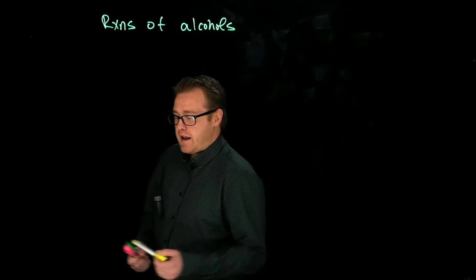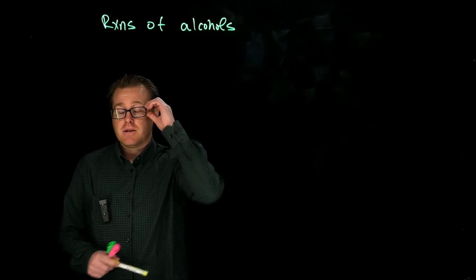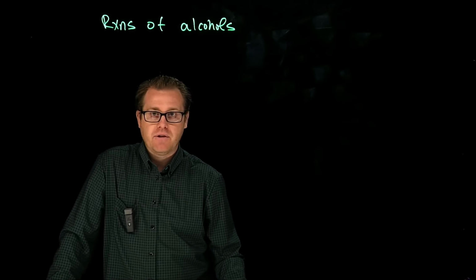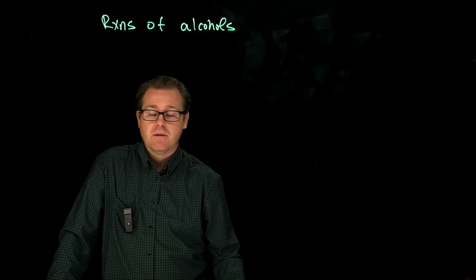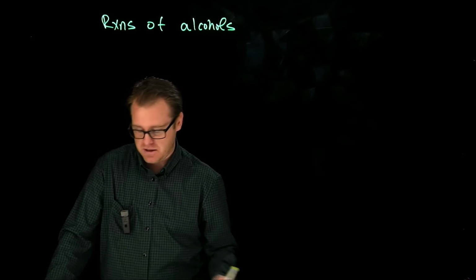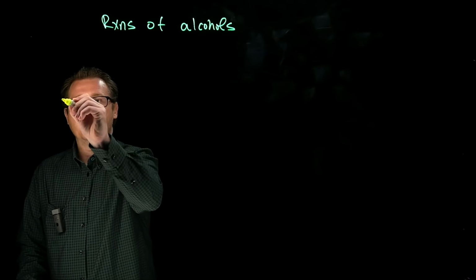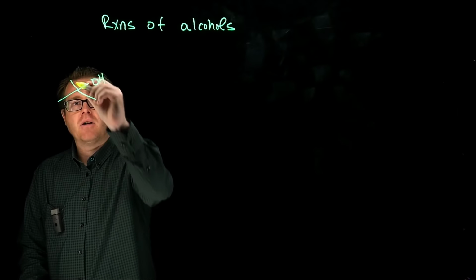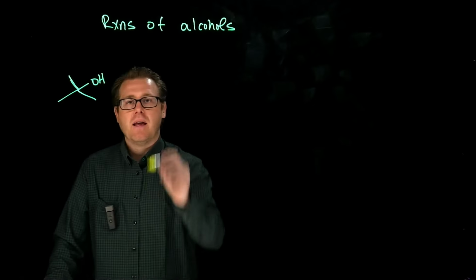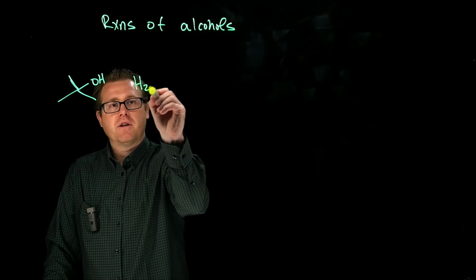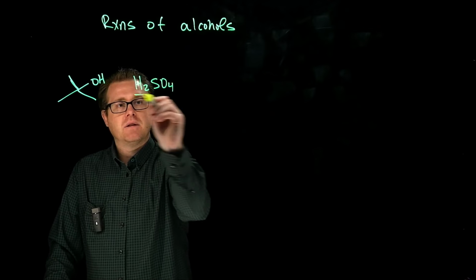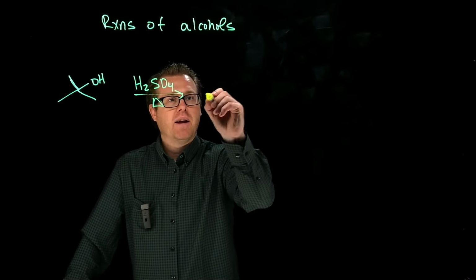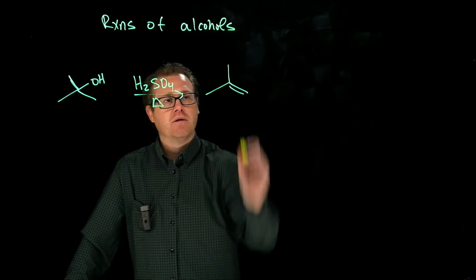Now let's take a look at tertiary alcohols, and now what we can do is, instead of doing a substitution reaction, we can do an elimination. For example, if we have a tertiary alcohol, like so, and we treat it with sulfuric acid and add some heat, then we can generate an elimination product that looks like that.